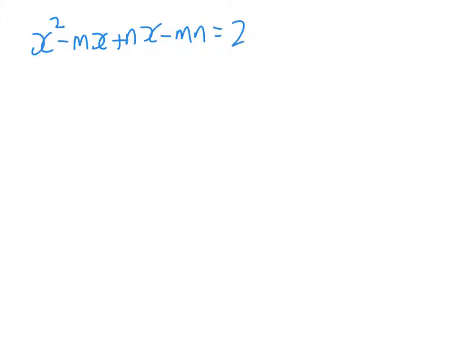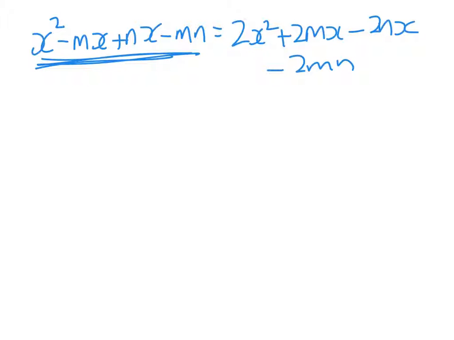So I've got 2x squared plus 2mx minus 2nx minus 2mn. I'm going to subtract this left hand side from both sides. I'm going to have 0 equals. I've chosen to do it that way because this one's an x squared and this is a 2x squared. It doesn't really matter, but my brain works better with fewer negative numbers.